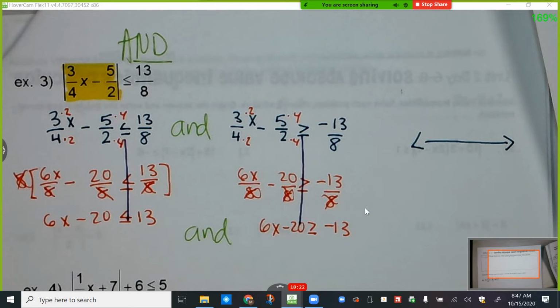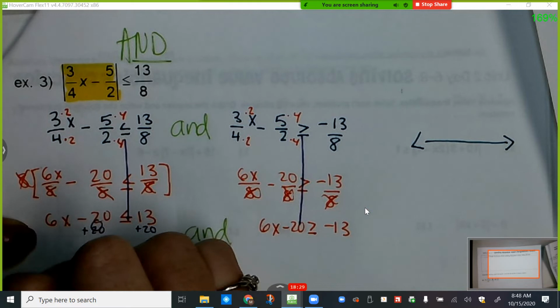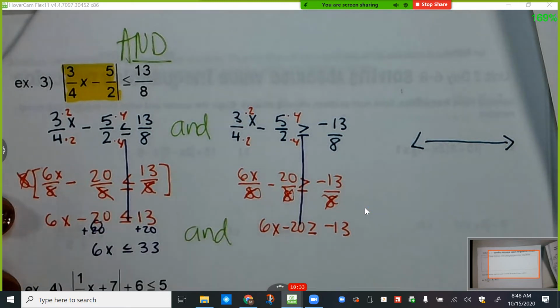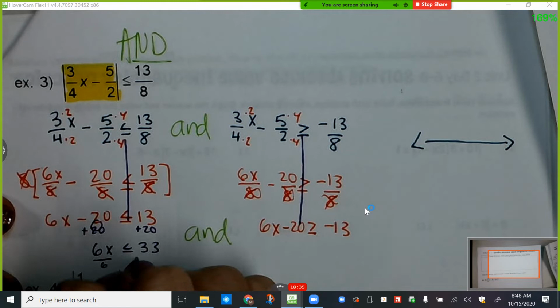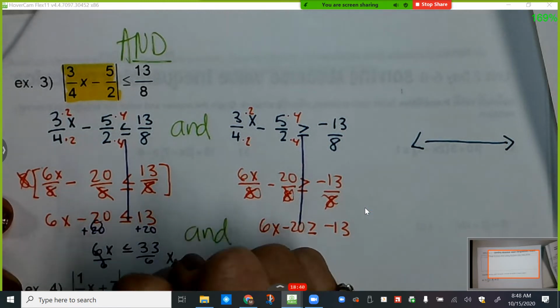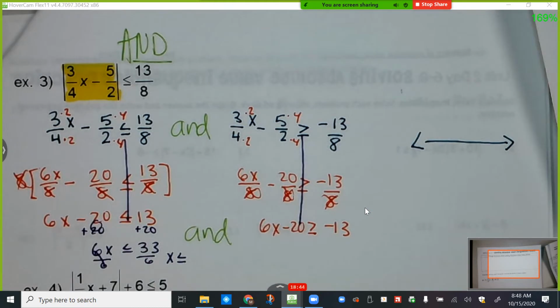Yeah. So now what do I do? Plus 20 on both sides. And I get 6x is less than or equal to 33. Now what? Divide by 6. And now that gives me a fraction. What can go into 33 and 6? 3.